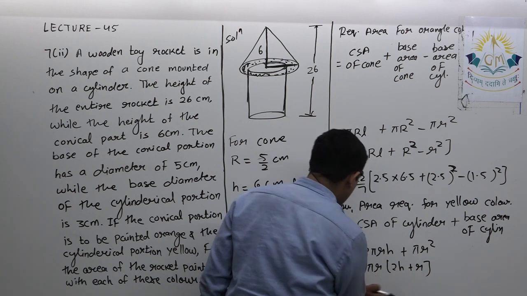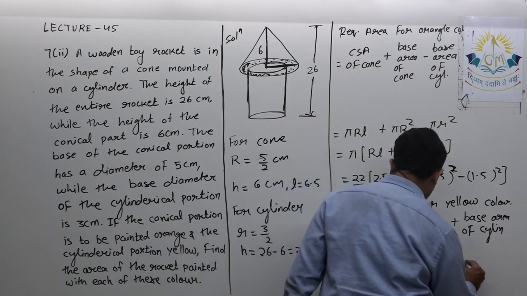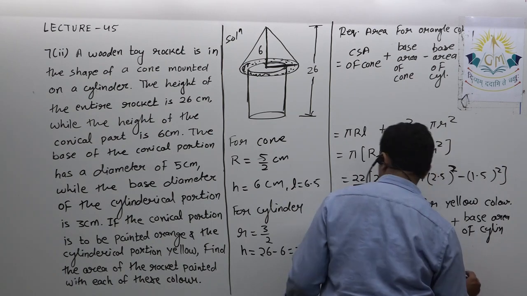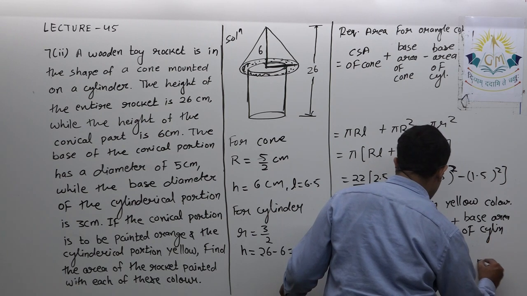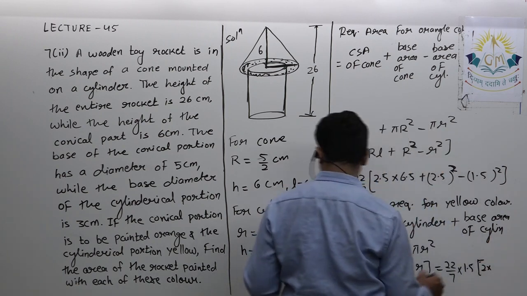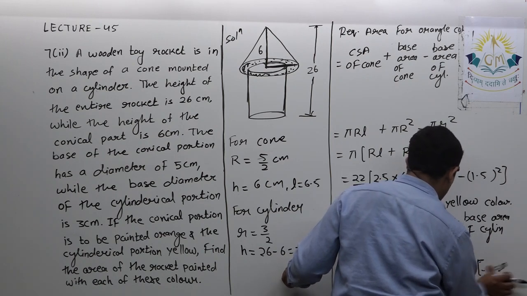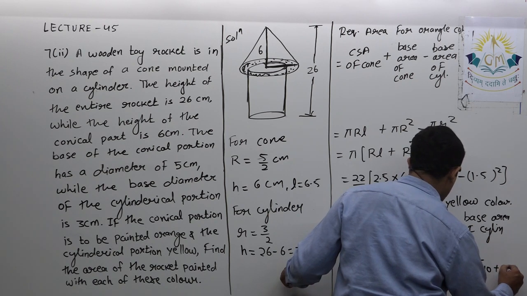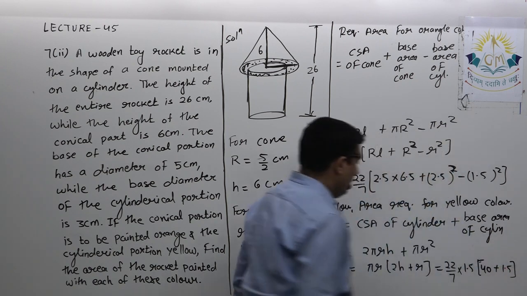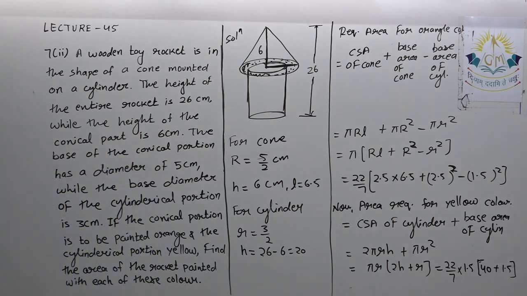Just by keeping the values you will get your answer. Again I am leaving this for you to calculate. Pi is 22 by 7, r is 1.5, 2 into h is 40, plus r, that is again 1.5. I am leaving the calculation part for yourself, so note it down, then we'll see the next question.